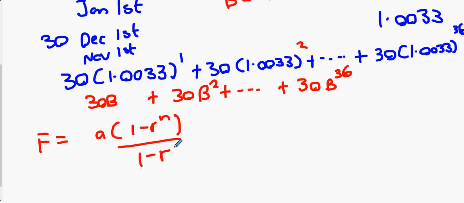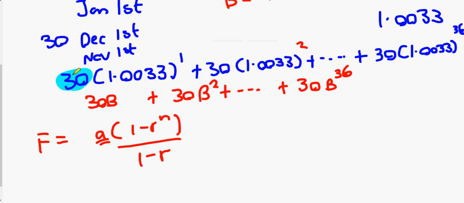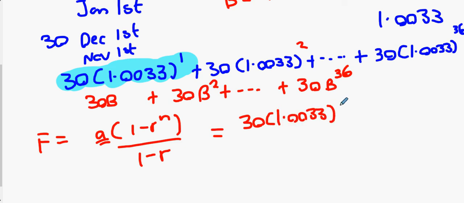Ready for this? Your final amount, what's the a value? What's your very first value? 30b. But it wants us to do it to 2 decimal places, so it's going to be 30 times 1.0033. Okay. What's our next value? 1.0033, what's our r value?